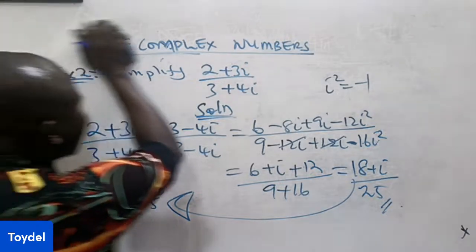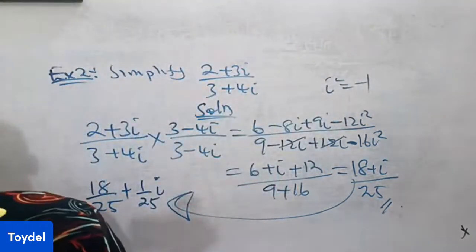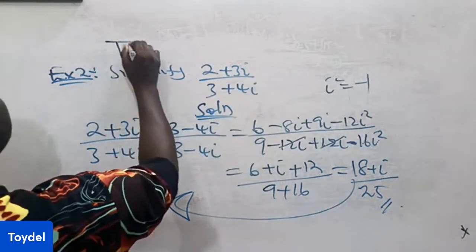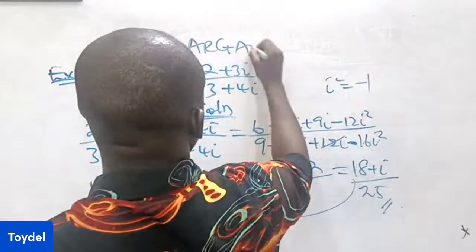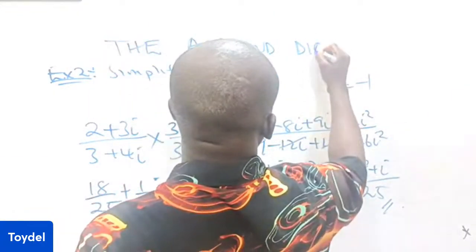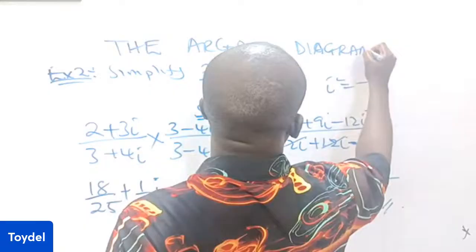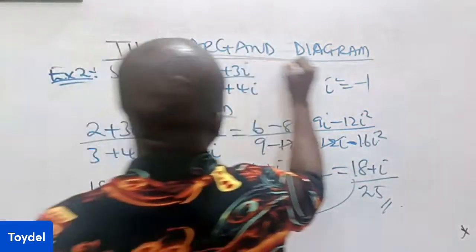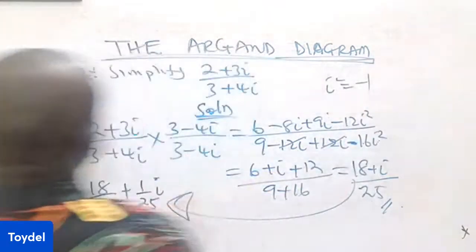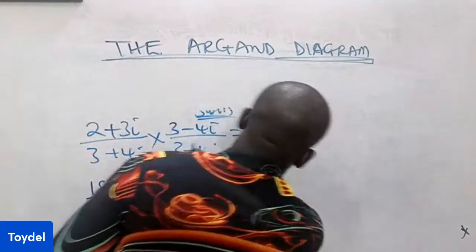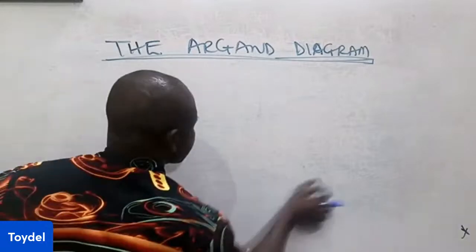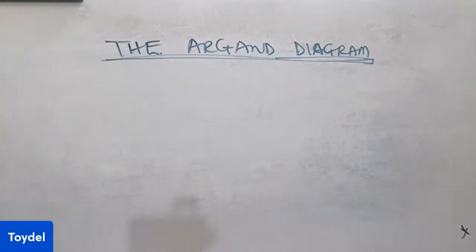So let me introduce the Argand diagram. This diagram is equally important under complex number.